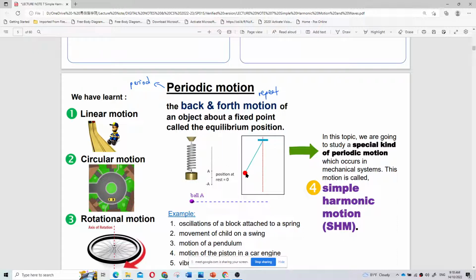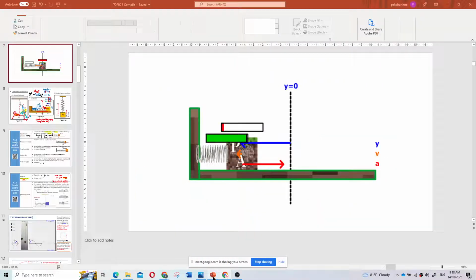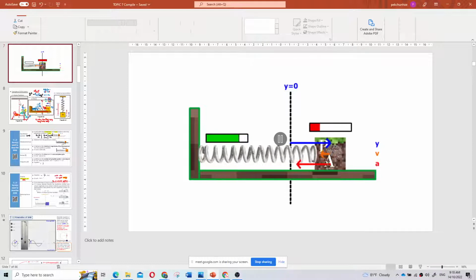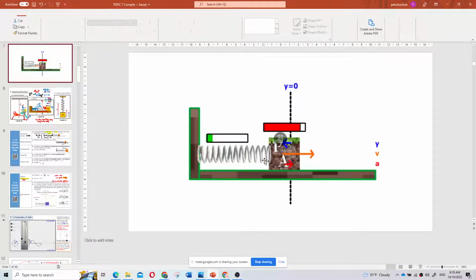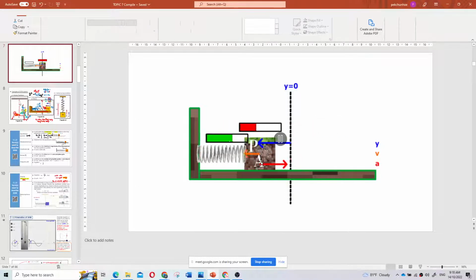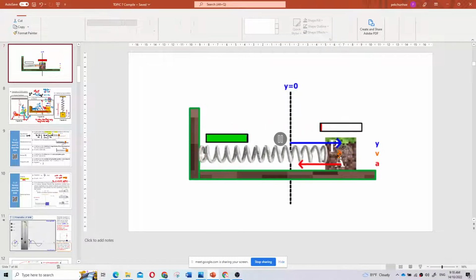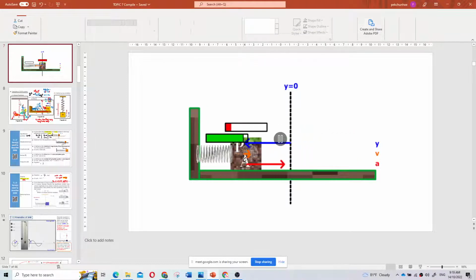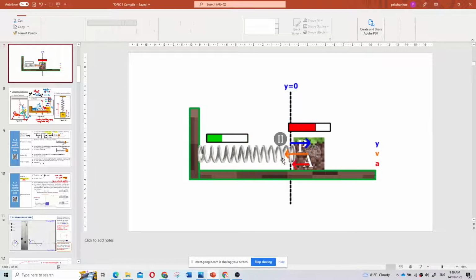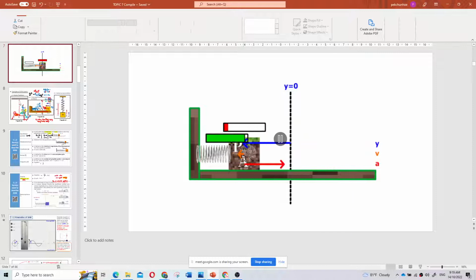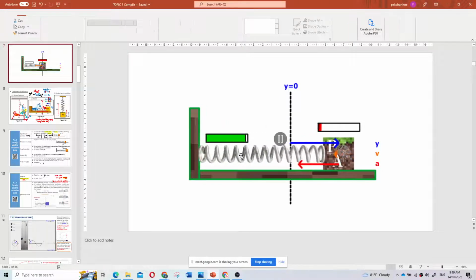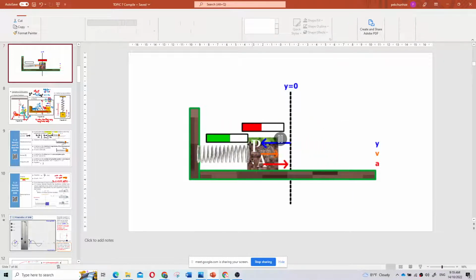Like you see the simple pendulum. Let me show you my animation. See, this is a repeating motion. It repeats itself. This is called one oscillation. It always repeats itself, isn't it? And it has a certain period. The time for it to complete one oscillation is always the same. The period is always constant.